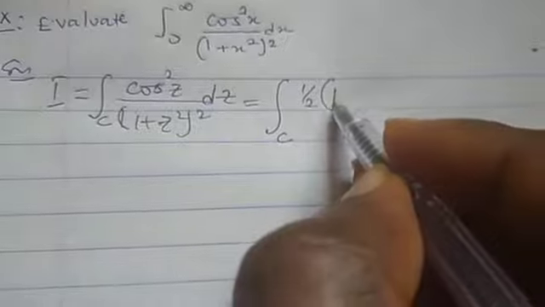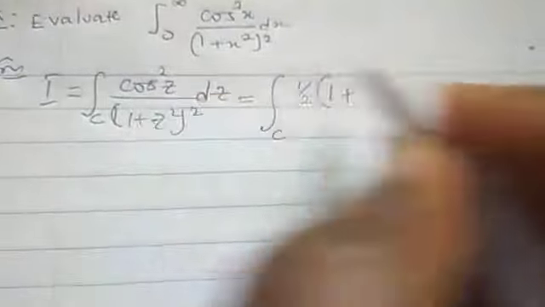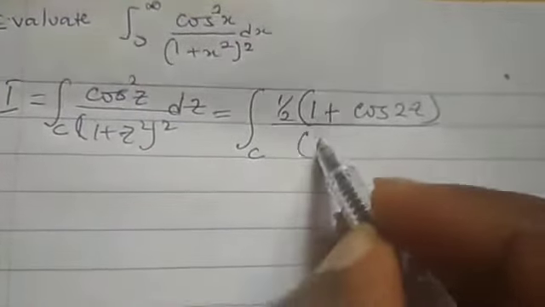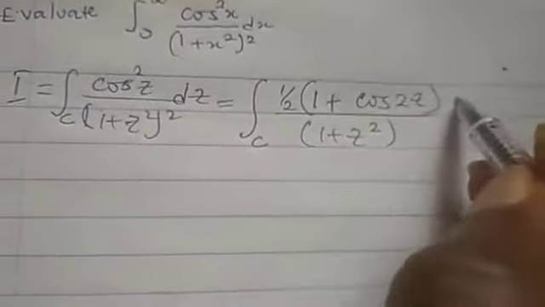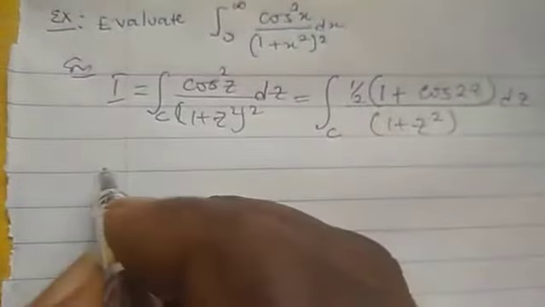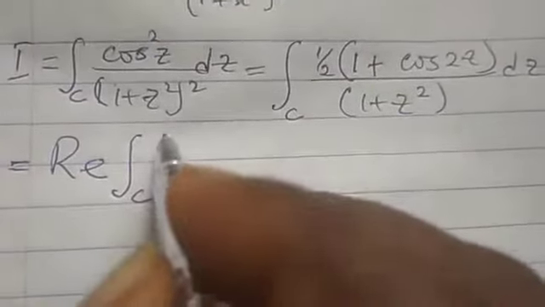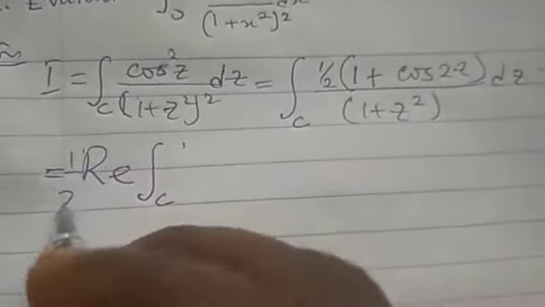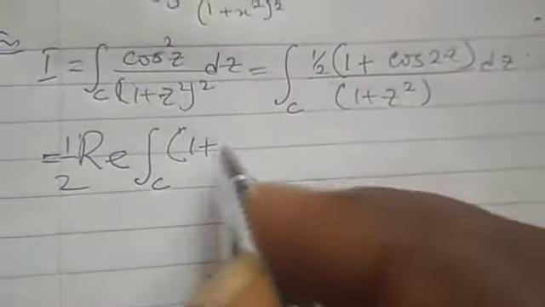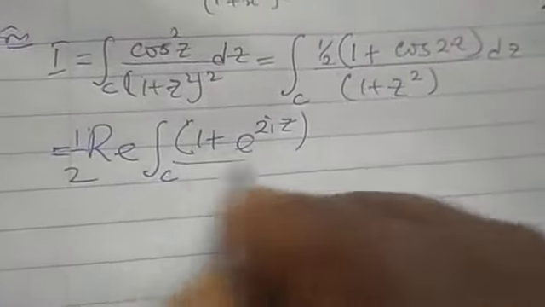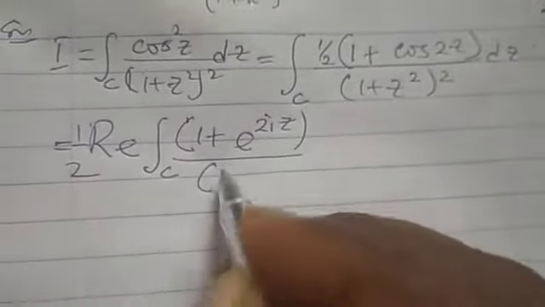We know that cos square z is the same thing as, if you recall, 1 plus cos 2z over 2, then over 1 plus z squared dz, which I cannot write as the real part because of this cos 2z. Let me bring the half here. This half 1 plus exponential i2z over 1 plus z squared all squared dz.